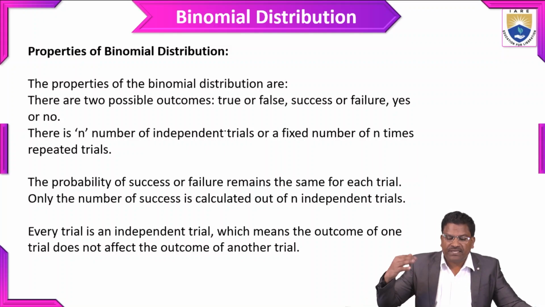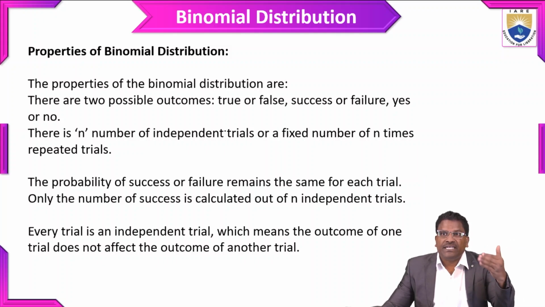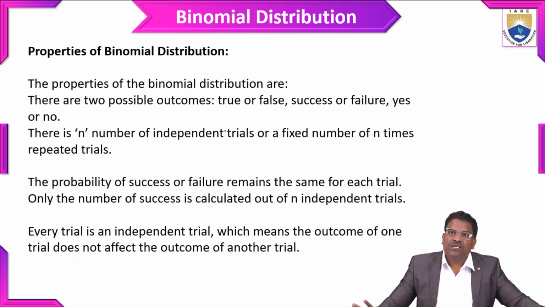The probability of success or failure remains the same for each trial. Only the number of successes is calculated out of n independent trials. Every trial is independent, which means the outcome of one trial does not affect the outcome of another trial.